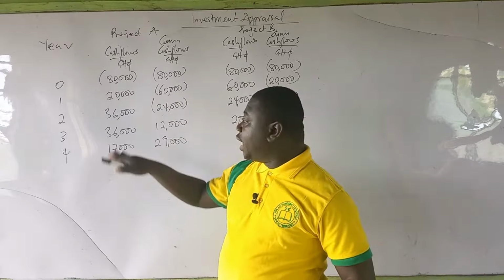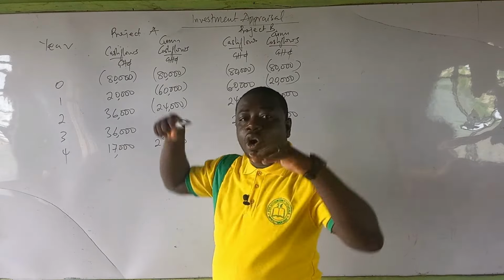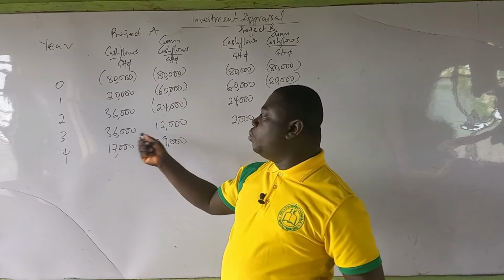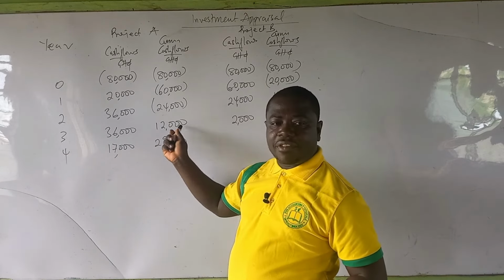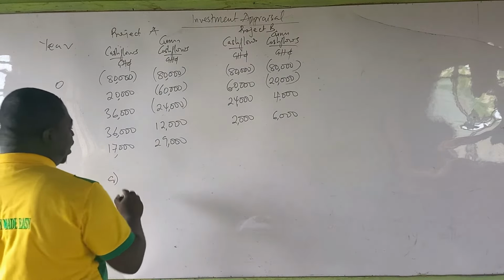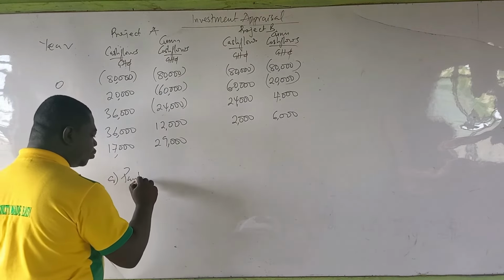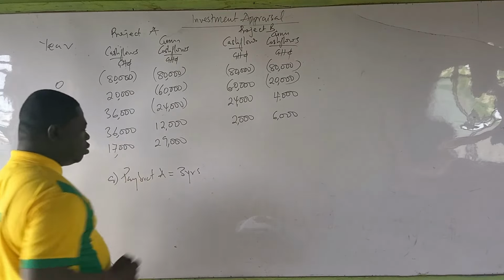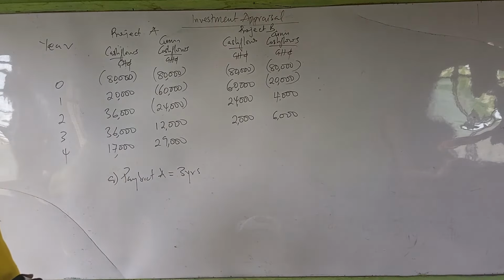And if we are assuming that this whole 36,000 all came at the end of the year, then it's at the end of the year that we're able to recover this 24,000 and have a balance of 12,000. So if we are going by the first assumption, then the payback period for project A will be 3 years. That is by the first assumption.